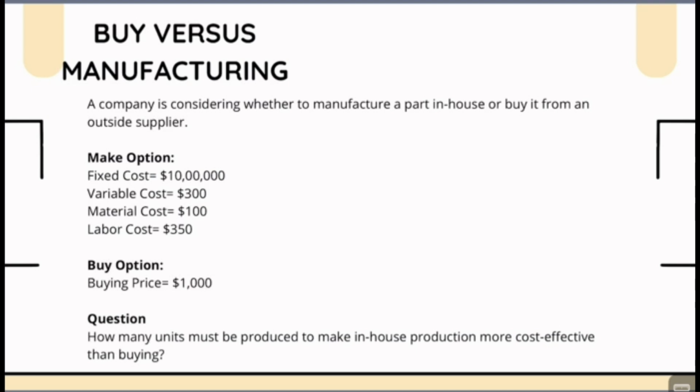So they have two options: one is the make option, another is the buy option, and this is their own cost structure. Now I will use the Excel function to solve the problem of how many units must be produced to make in-house production more cost effective.